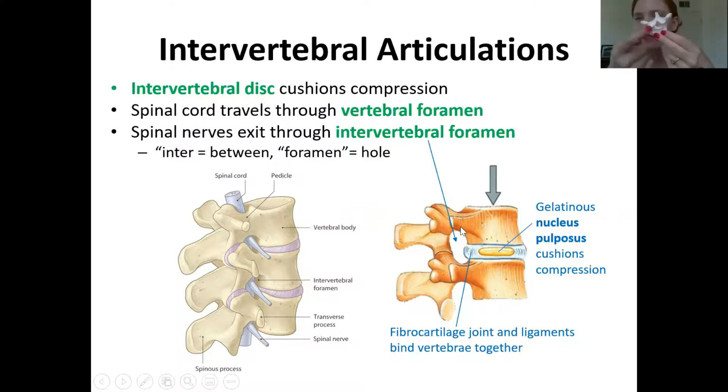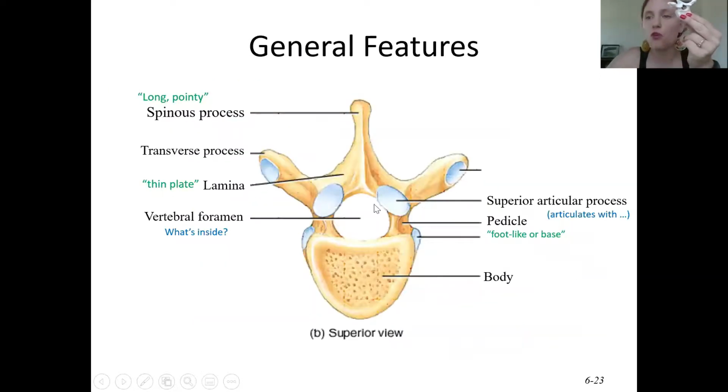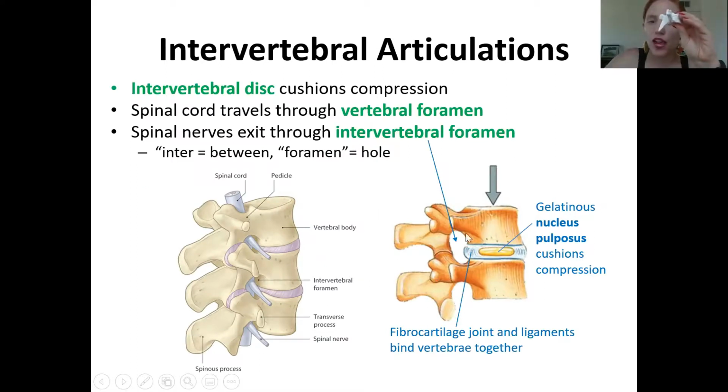The hole in the very middle is the vertebral foramen, but the hole that's created when they're stacked up on top of each other on the side is called the intervertebral foramen. Remember, inter means between. So it's between two vertebrae, and that's important because the spinal nerves that we'll talk about when we get to the nervous system are going to exit at that point. That is the intervertebral foramen.